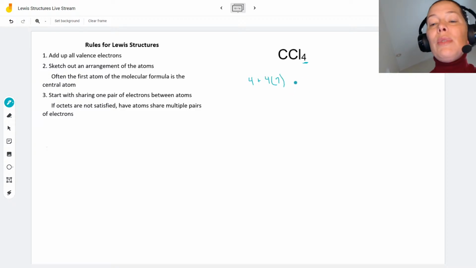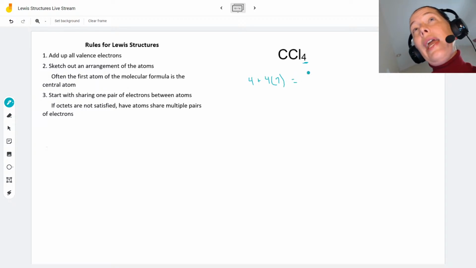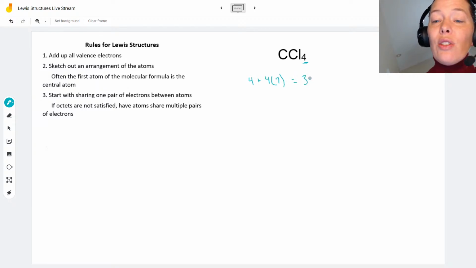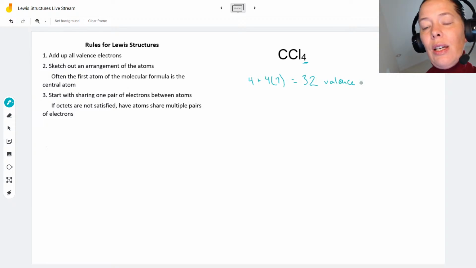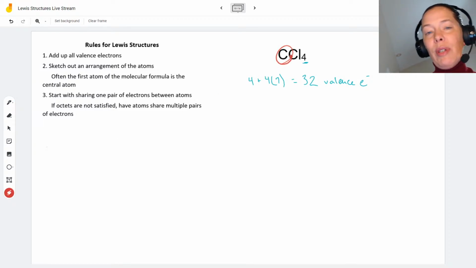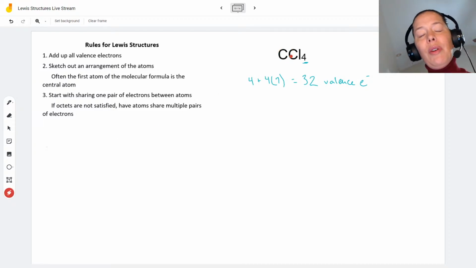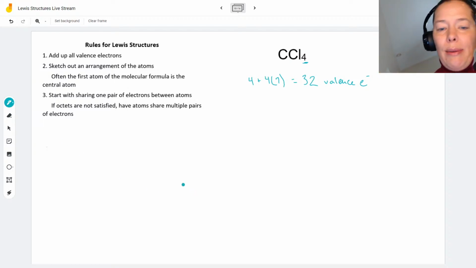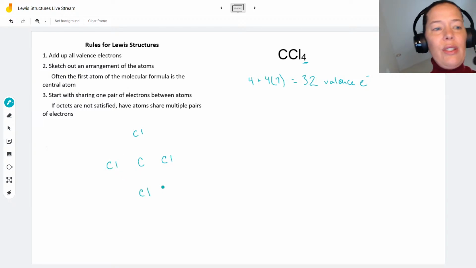So 4 times 7 is 28, plus another 4 is 32 valence electrons. We're certainly not running out of valence electrons with this structure, are we? Now, I do need a central atom here, so because carbon was written first, I'm going to put carbon in the middle, and I'm going to put my chlorines all on the outside. So we have carbon, chlorine, 3, 4 chlorines all around.